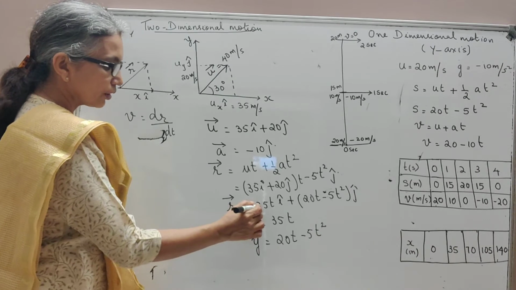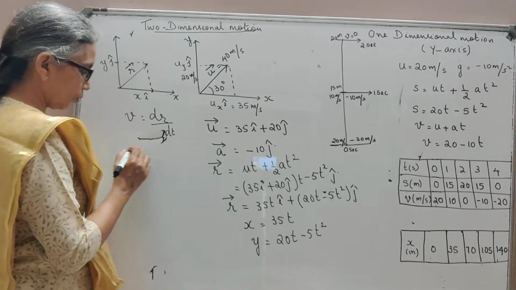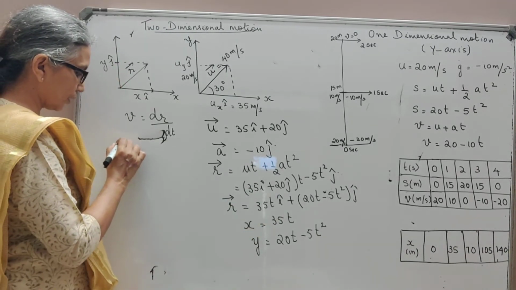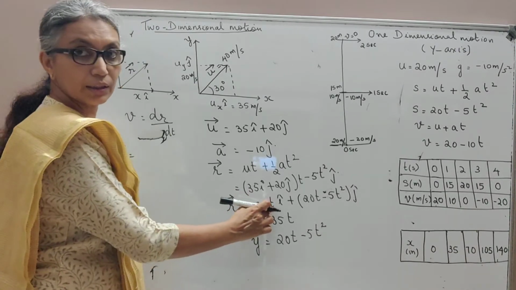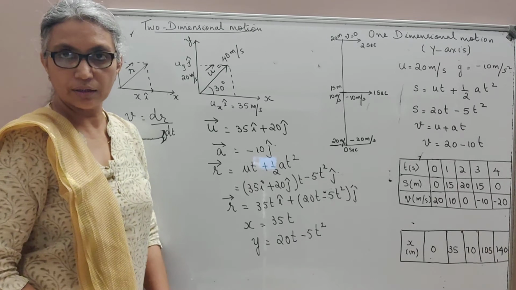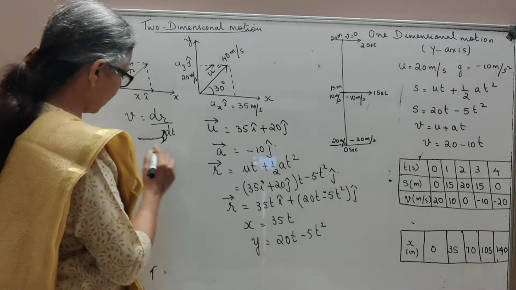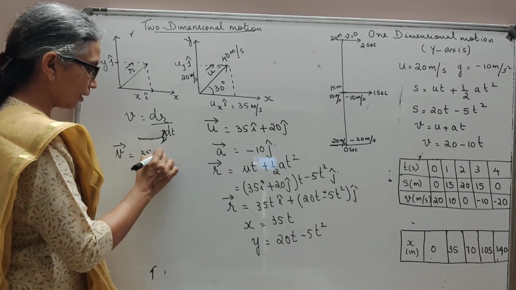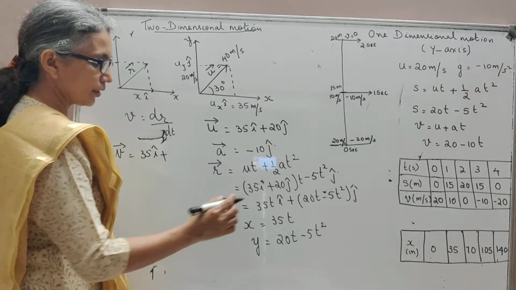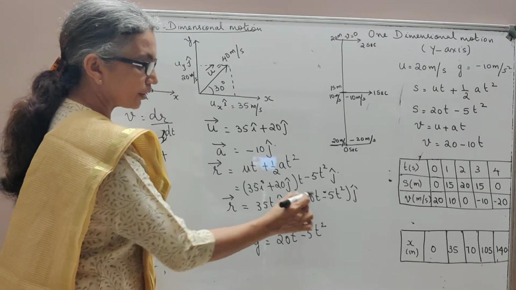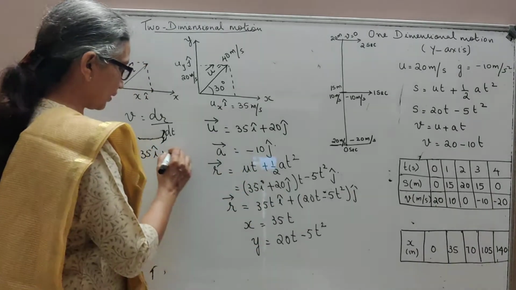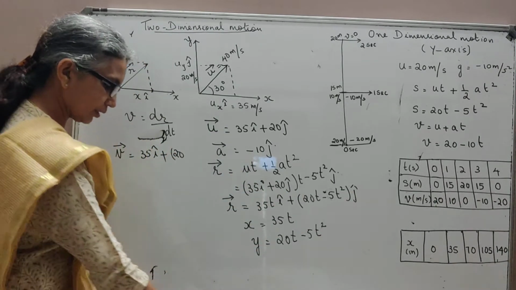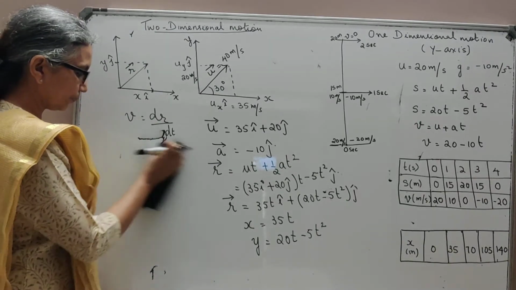So here 35t along i cap, if I differentiate 35t, the differential of t is 1. So that will be 35 into 1, that will be 35 along the i cap, plus 20t. Again the differential of t is 1. So this will be simply 20.